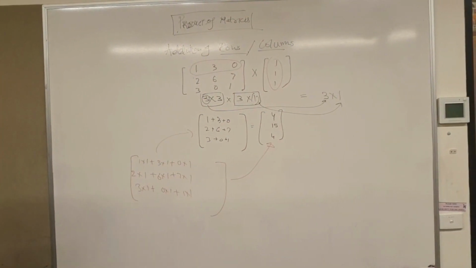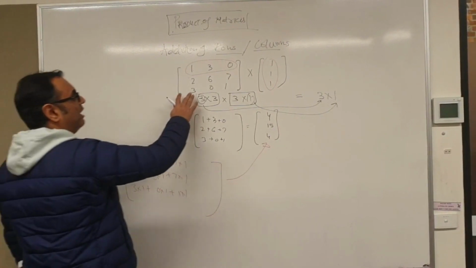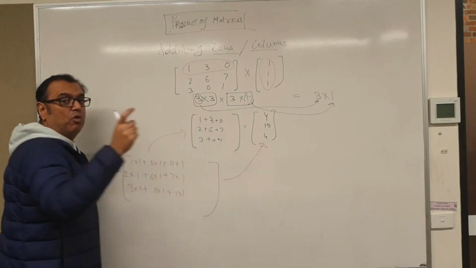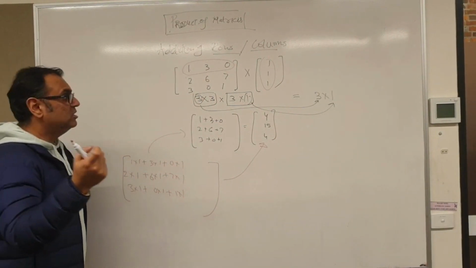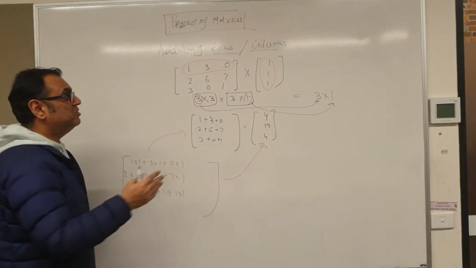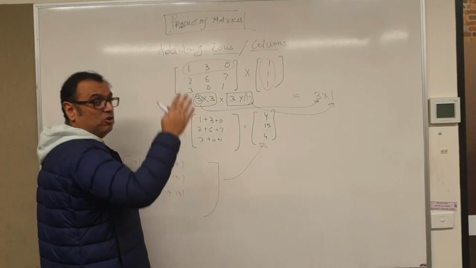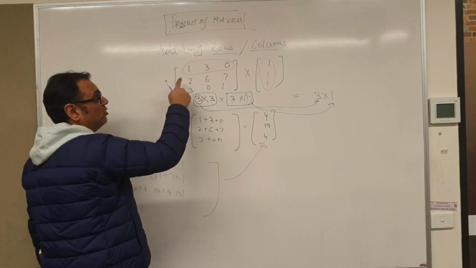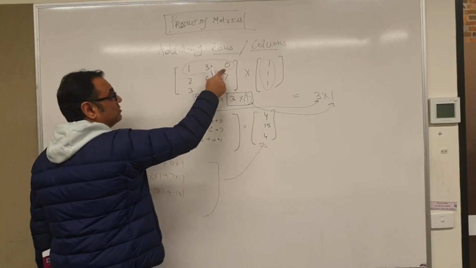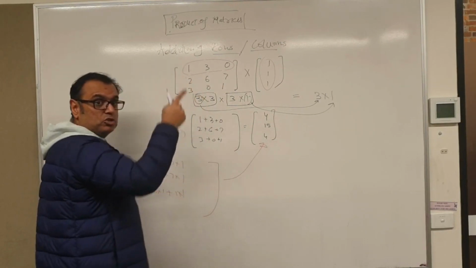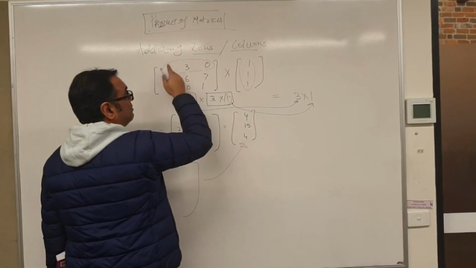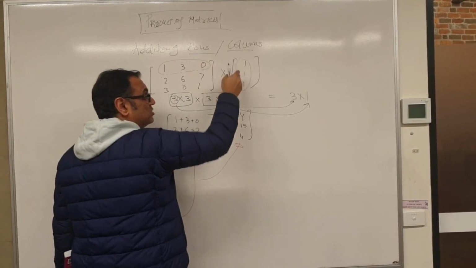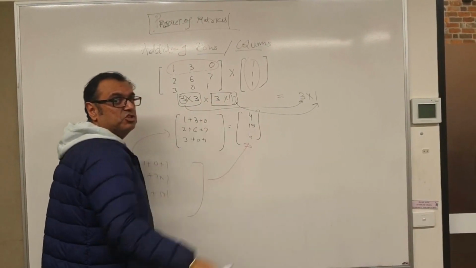So long story short, if you have a matrix of any order whose rows you want to total, you multiply that matrix with a column matrix with all elements as 1. You count the number of columns of the original matrix, 1, 2, 3, and you create that many rows here with ones and finish it off.